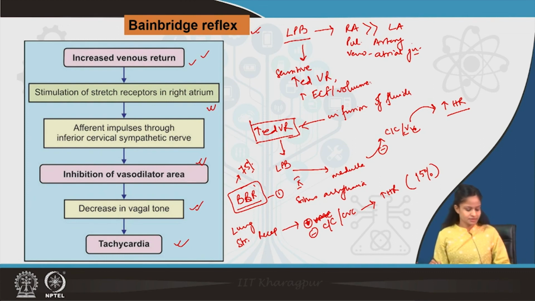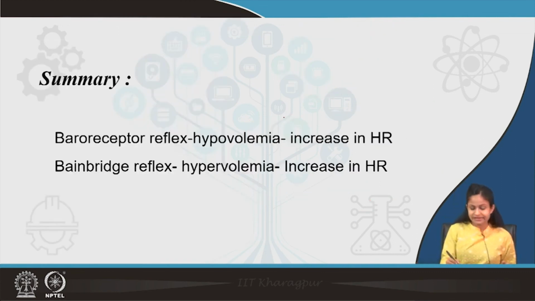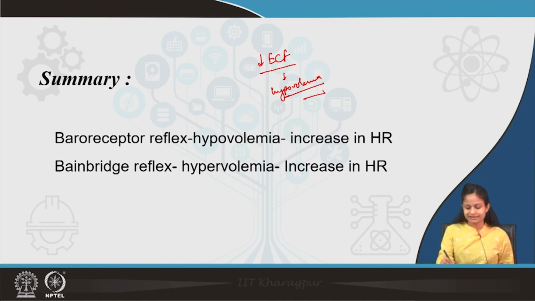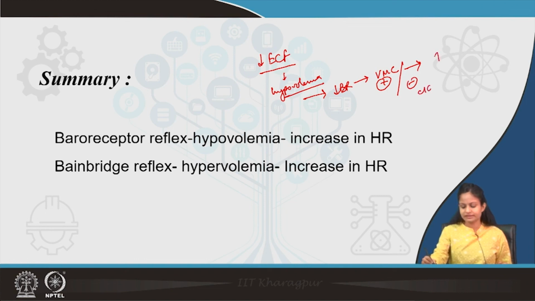So, with this, the summary is, whenever there is hypovolemia, that means whenever there is decrease in the extracellular fluid, because of this hypovolemia, there is decreased baroreceptor firing, and hence there will be stimulation of the vasomotor center, and hence there will be less inhibition of the cardiac inhibitory center, and that will give rise to tachycardia or increased heart rate.